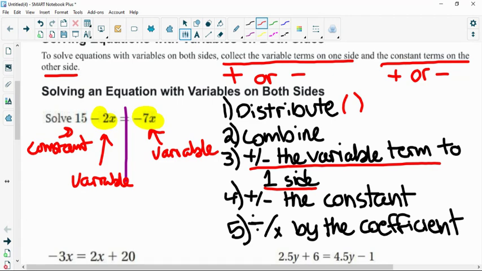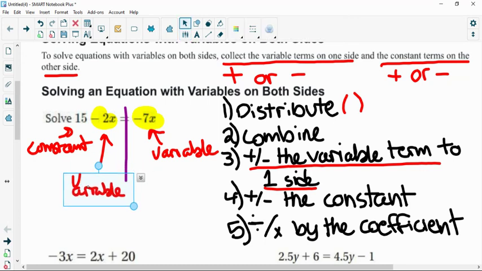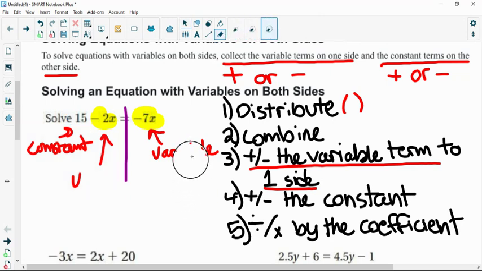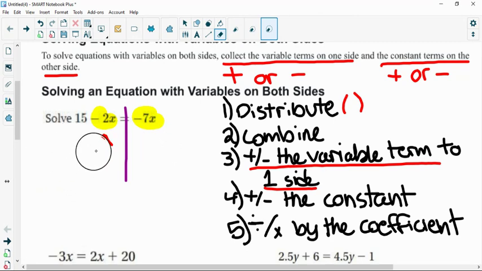So it would be in our best interest, the simplest step, to take the variable here from the left and move it over to the right side so that there's only a constant on the left and the variable on the right.